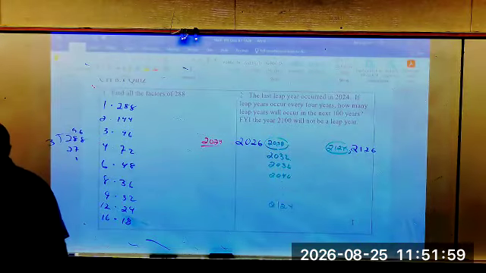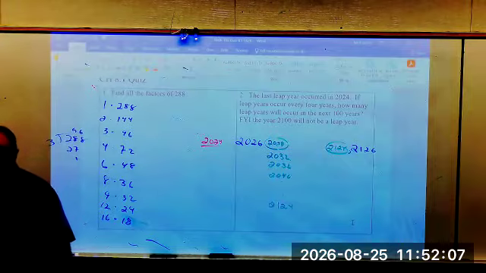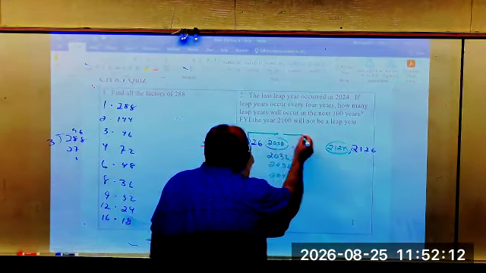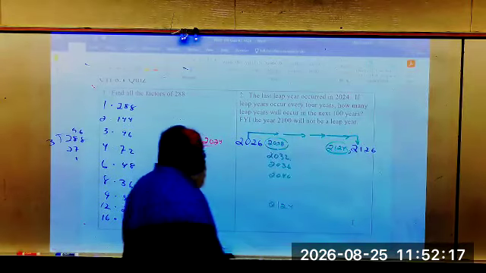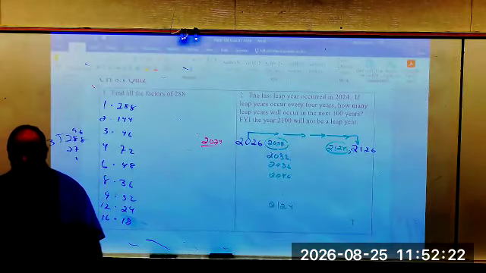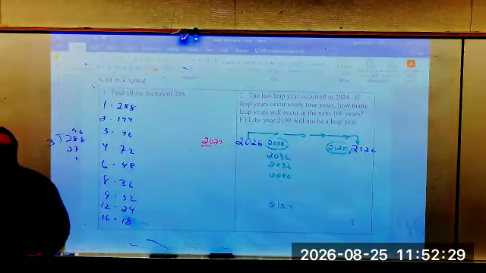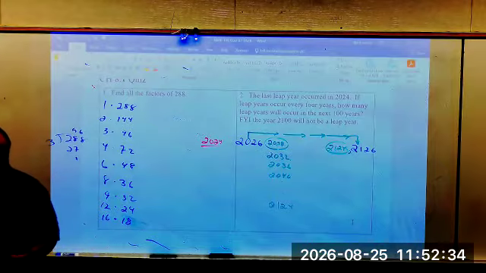So here's the question. In the next 100 years, leap years occur every 4 years. So between here and here, 100 years, and you get a leap year every 4 years. What's the most leap years you could get?